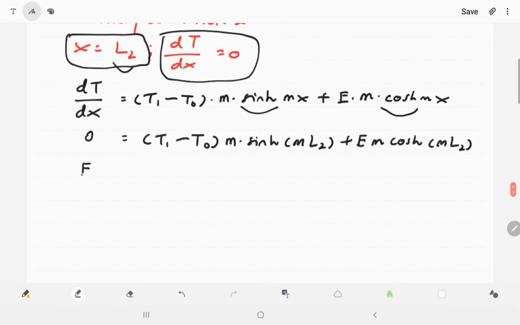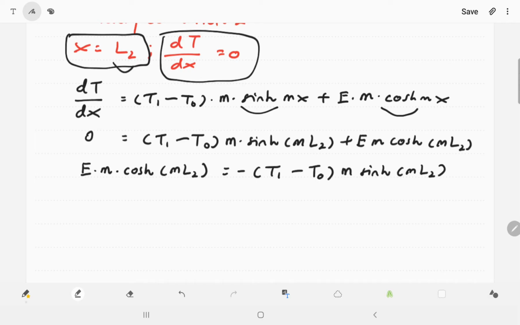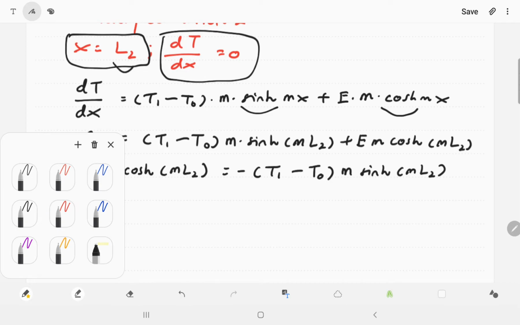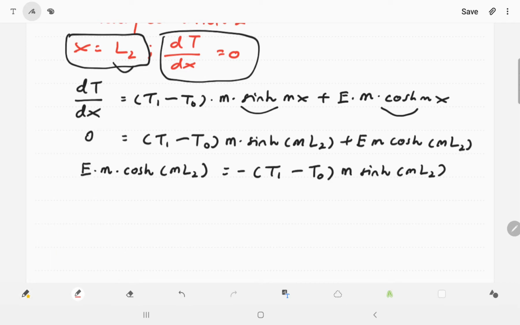Then we can move one term over to the left hand side, then we can cancel these things out, and continue the derivations.